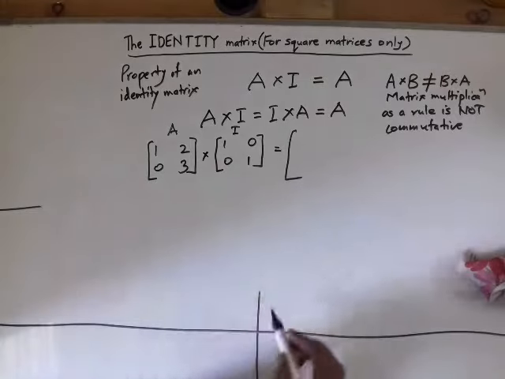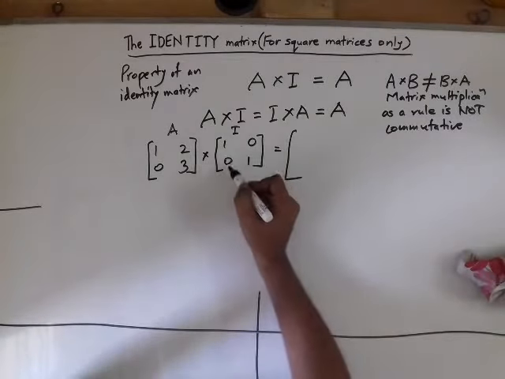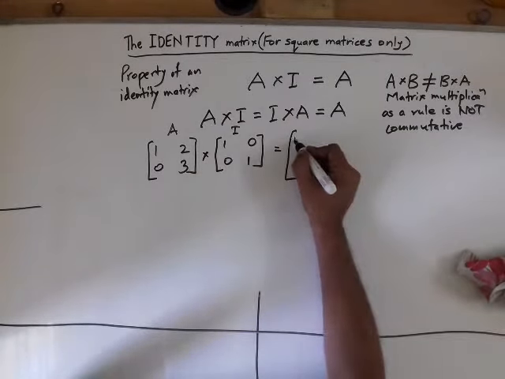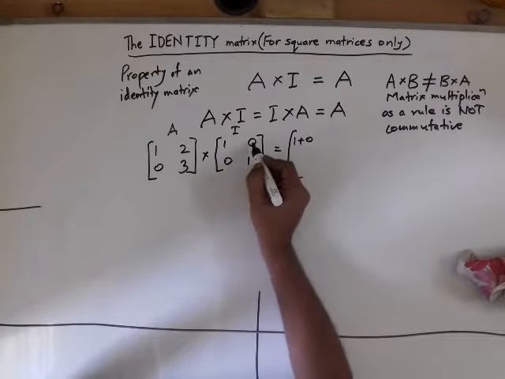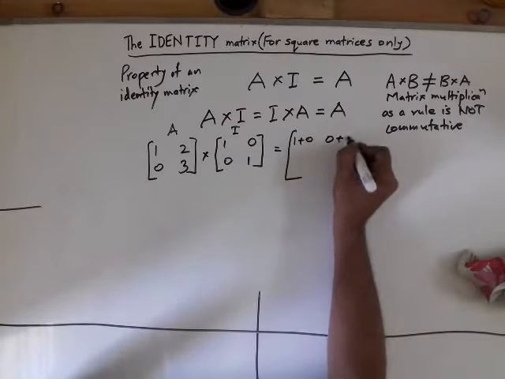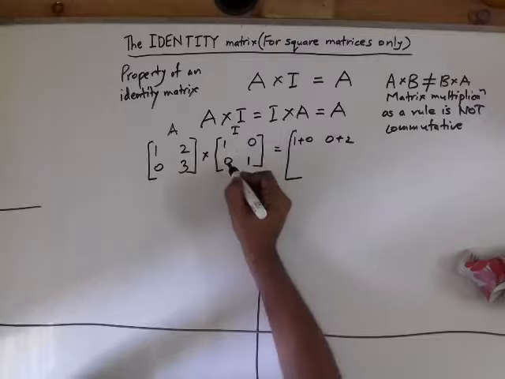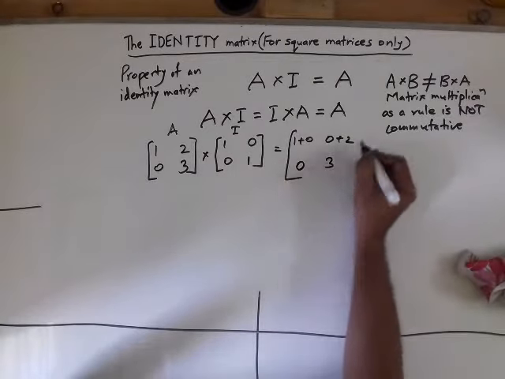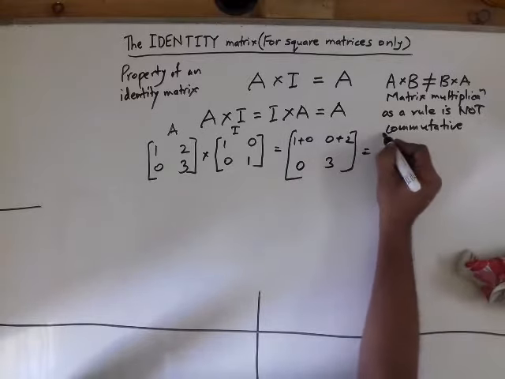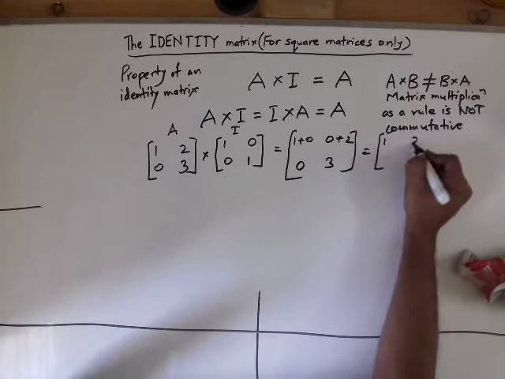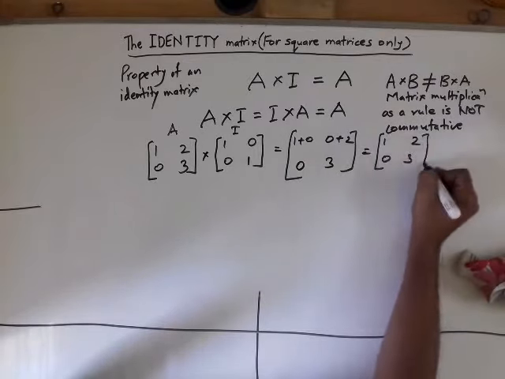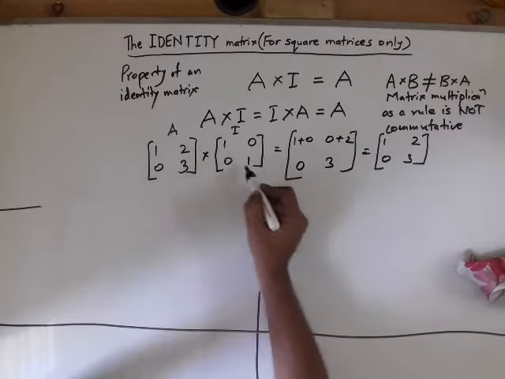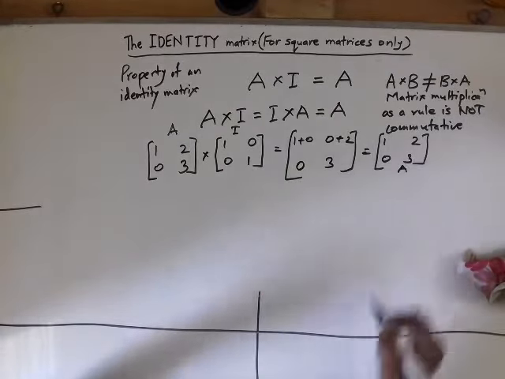So 1, 2, 1, 2. That's 1 plus 0, 2 plus 0, 0 plus 0, 3. That gives us 1, 2, 0, 3. So indeed, A multiplied by I has given us A.